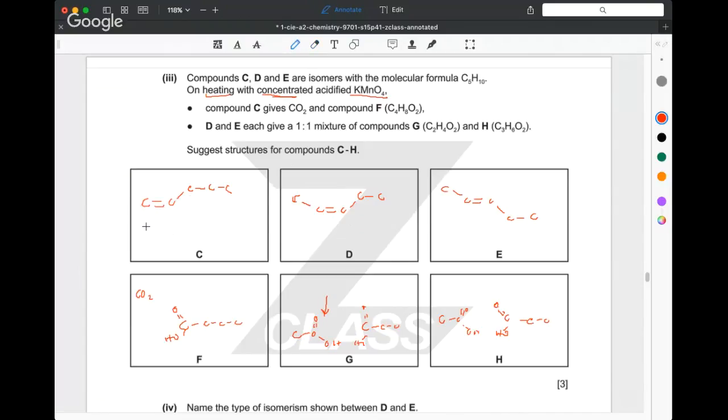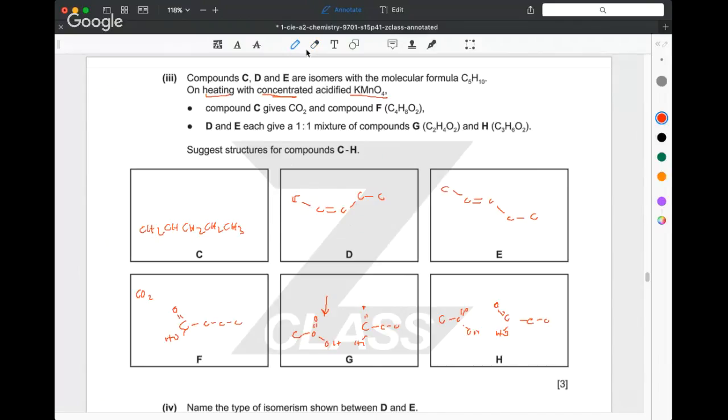You'd be writing CH2, which is that one there, then CH for that one there, and then CH2, CH2, CH3. So that's the structural formula for that. I just found it easier to write out these carbon skeletons here.